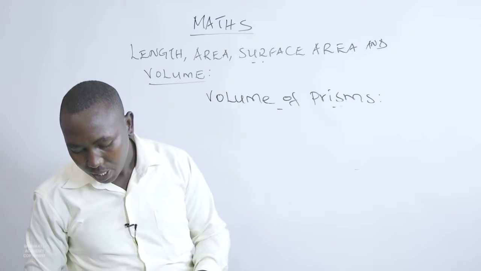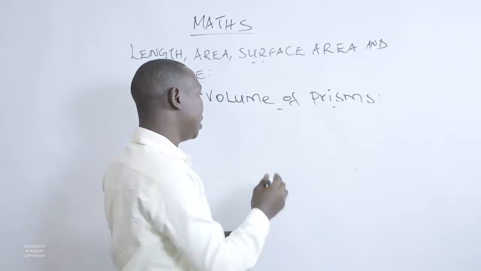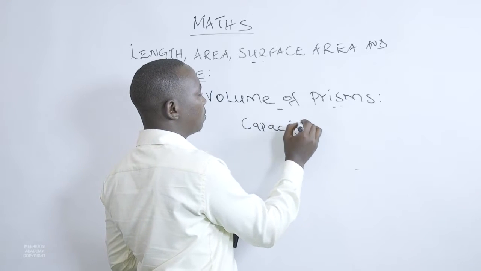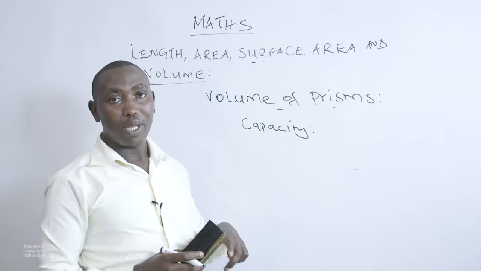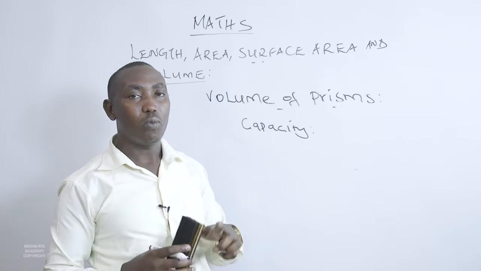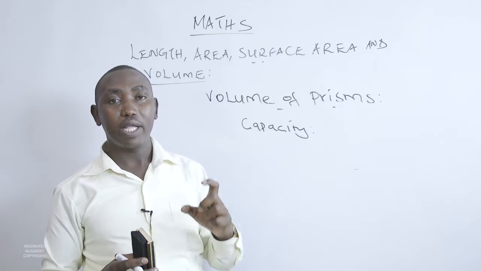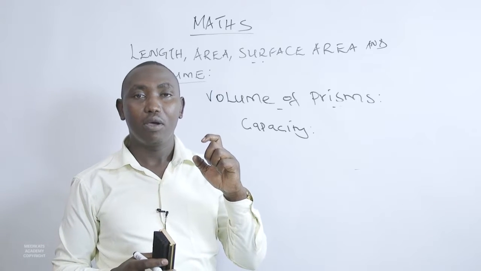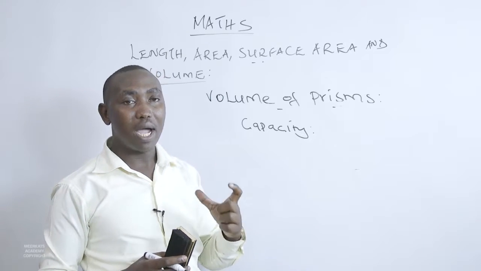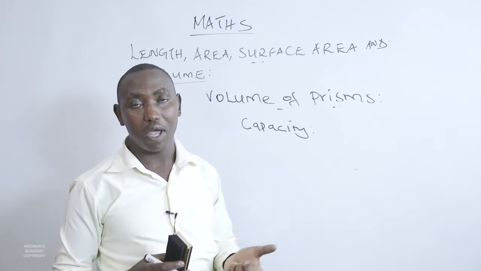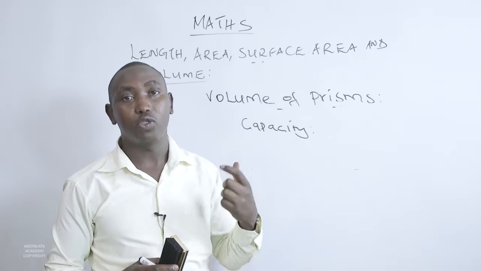Another important aspect is on capacity. Whenever we mention capacity, we talk of the contents of that particular container. How much liquid or how much of a substance can that container contain or absorb?